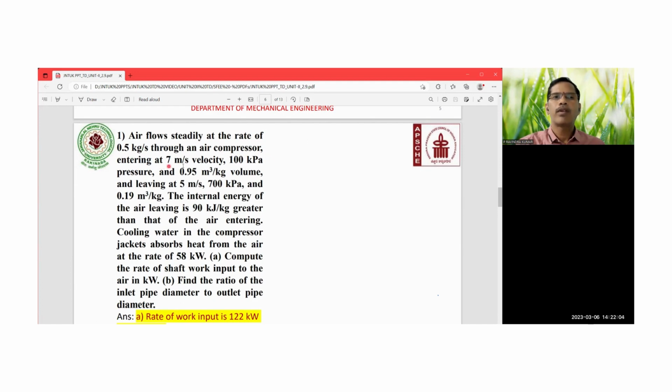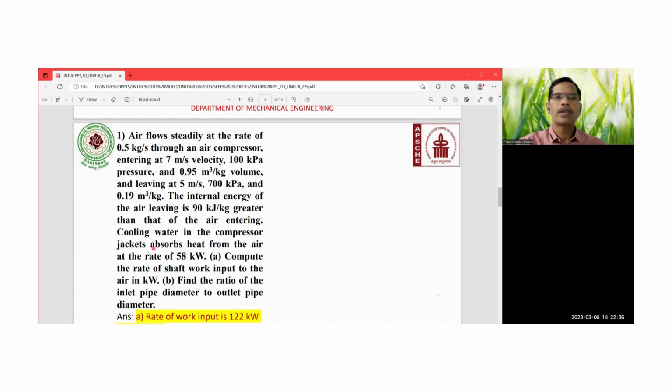It enters with velocity 7 meters per second, pressure P1 of 100 kilopascal, and specific volume V1 of 0.95 meter cubed per kg, and leaves at 5 meters per second with pressure P2 and volume 0.19 meter cubed per kg. The internal energy of the air leaving is 90 kilojoule per kg greater than that of the air entering.